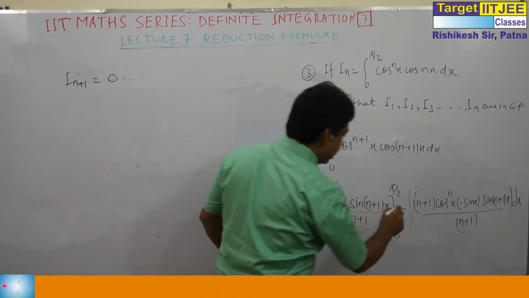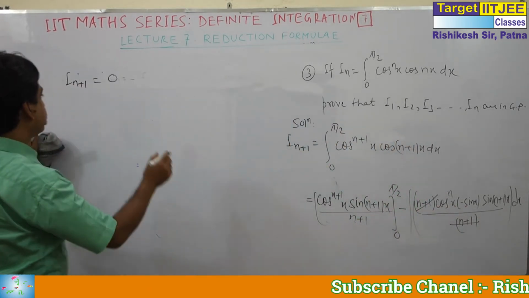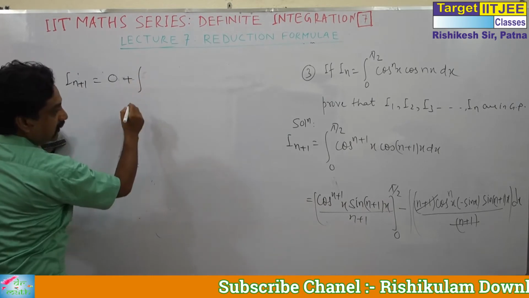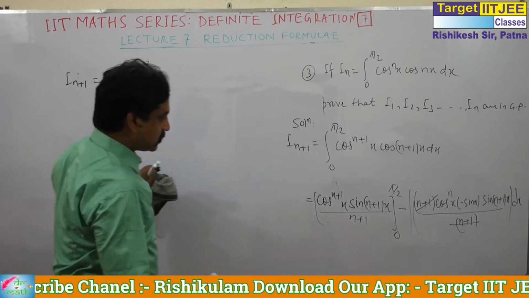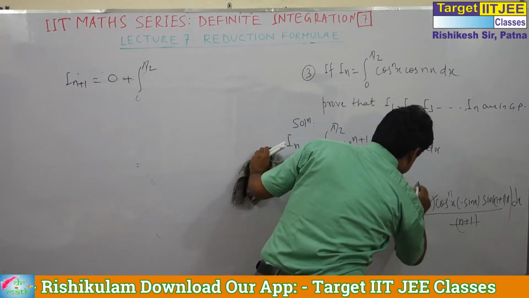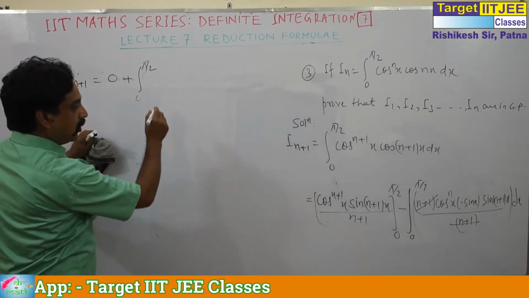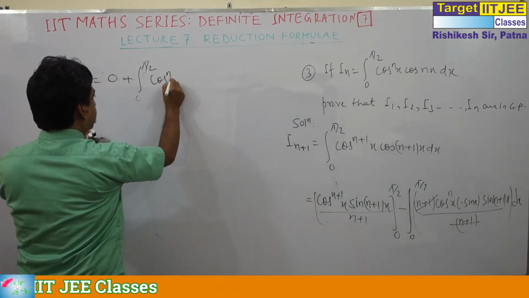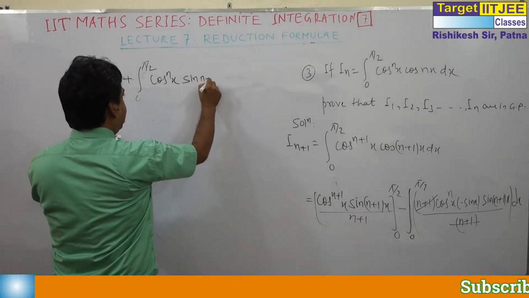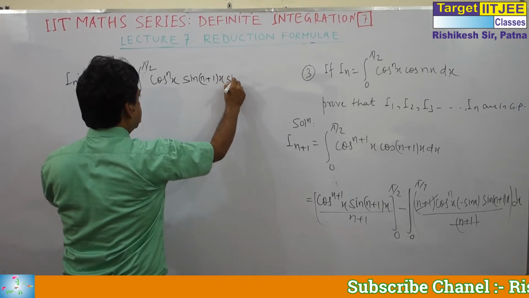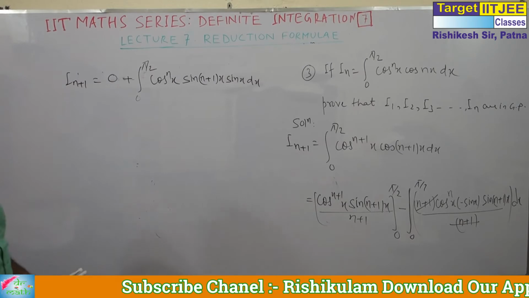What about the second part? This cancels, this minus plus. So this is plus the integral from 0 to pi by 2. This part is integrated, there is no problem. This part: cos to the power (n-1) x, and this is sin (n+1)x sin x dx.